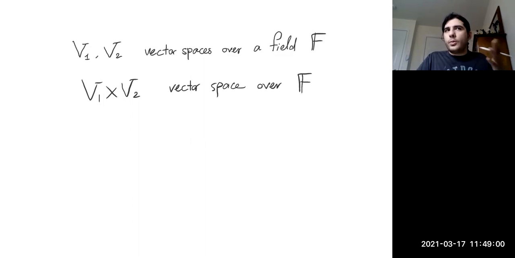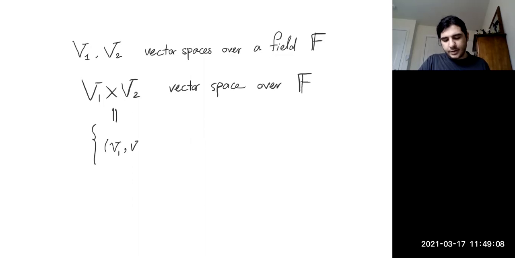And why is it a vector space? Well, what are the elements here? The elements are of the form (v1, v2), where v1 is an element of the vector space V1, and v2 is an element of the vector space V2.